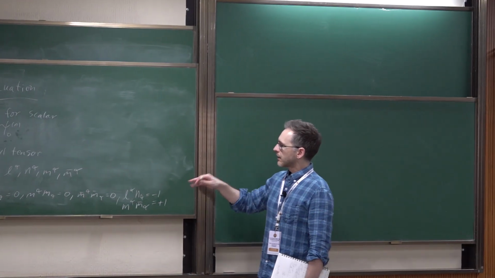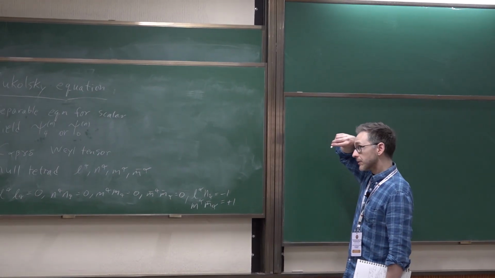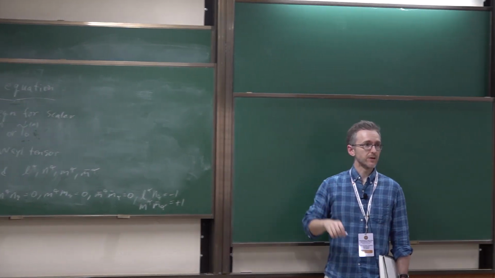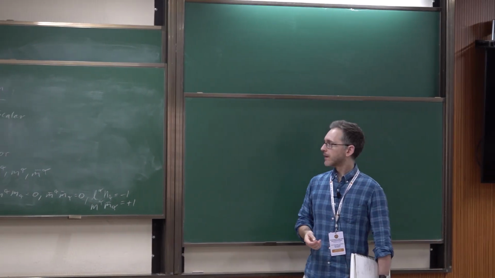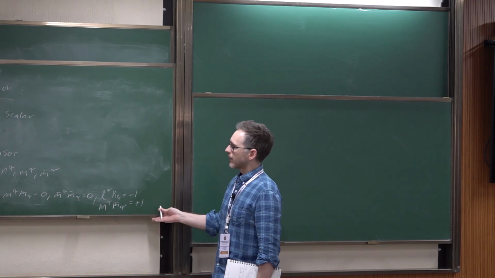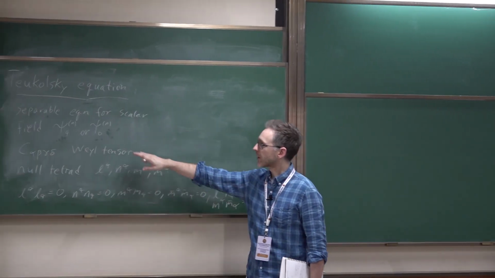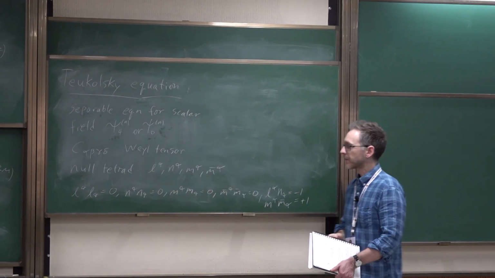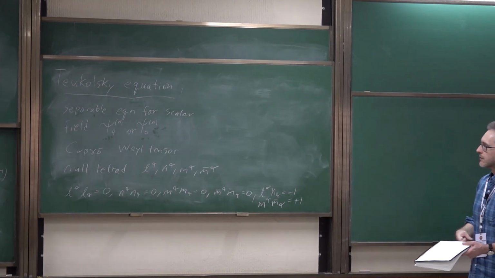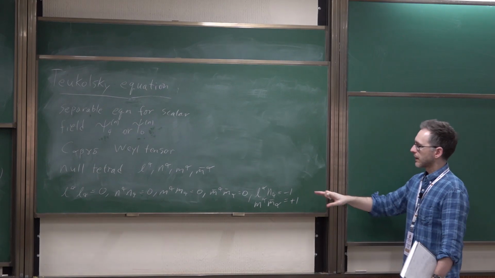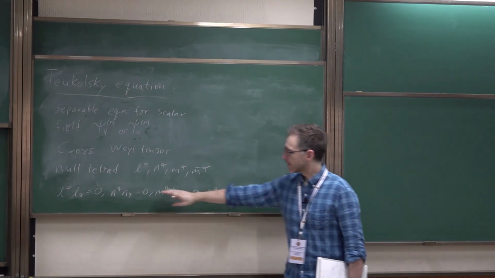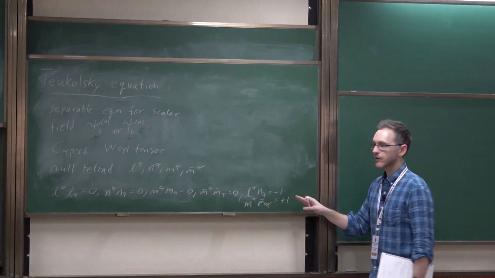So in this basis, the metric looks very, very simple. It looks like Minkowski. But the important thing about this for us is how we use it to construct the Weyl scalars. So these are not unique. They're just defined by these equations, which don't fully determine them.